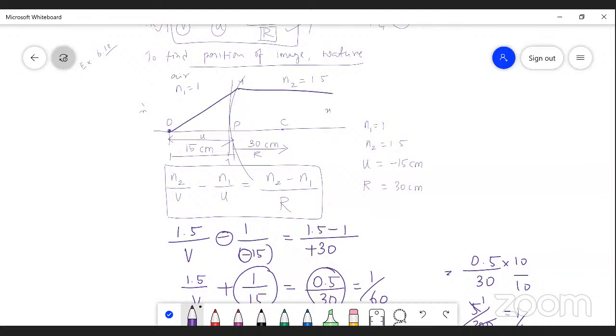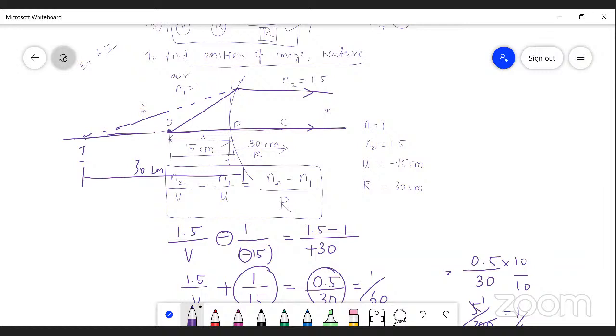This is also the principal axis. The incident ray and the image are formed on the same side. This is the principal axis. This is the image formed on the same side. So the value is 30 centimeter. Image is formed on the same side, the left side of the spherical surface.